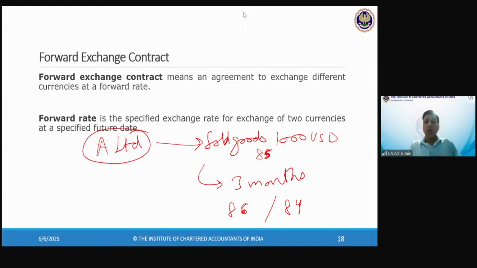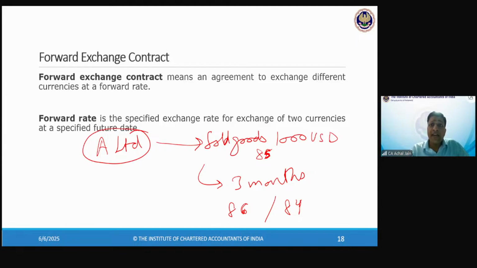If the rate goes down, A Limited will be at loss. So there will be an impact for A Limited. Now, this exposure of changes in foreign currency can be avoided, or you can say can be covered.